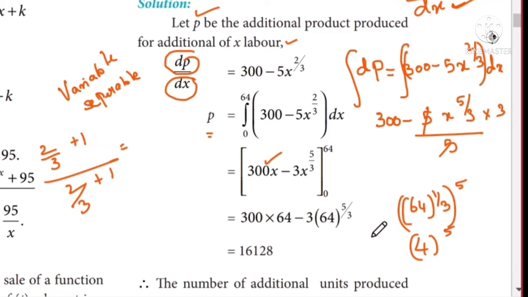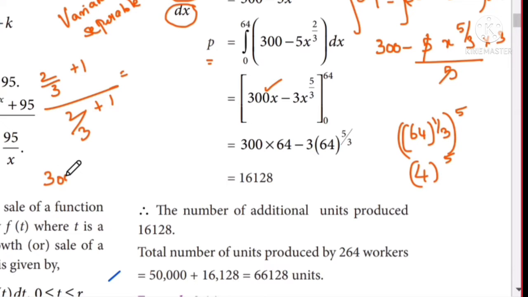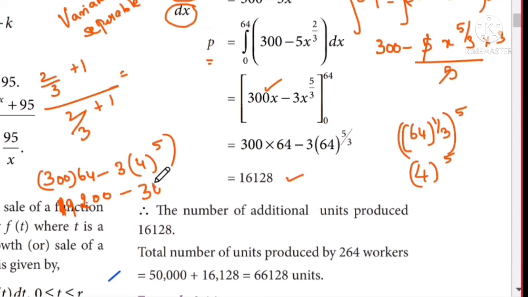Use the calculator and find 300 into 64 minus 3 into 4 power 5. 19,200 minus 3,072. So it is 16,128.